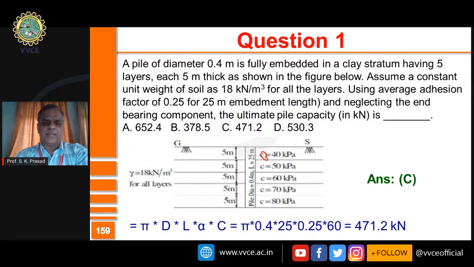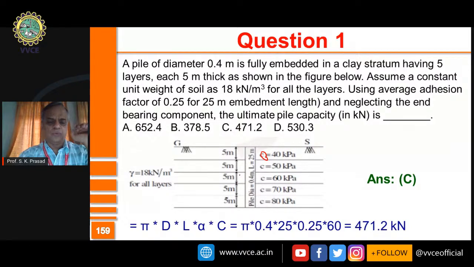You are assuming that the unit weight is constant at 18 kilonewton per meter cube. The average adhesion factor is 0.25 for the total 25 meter length. Neglect end bearing. You only find out the pile capacity considering the skin friction.